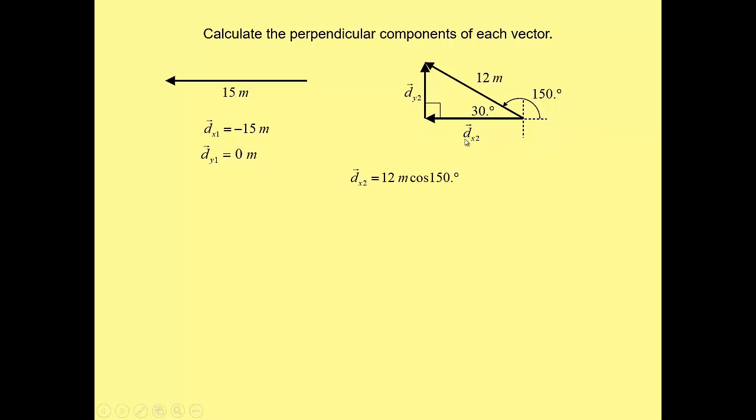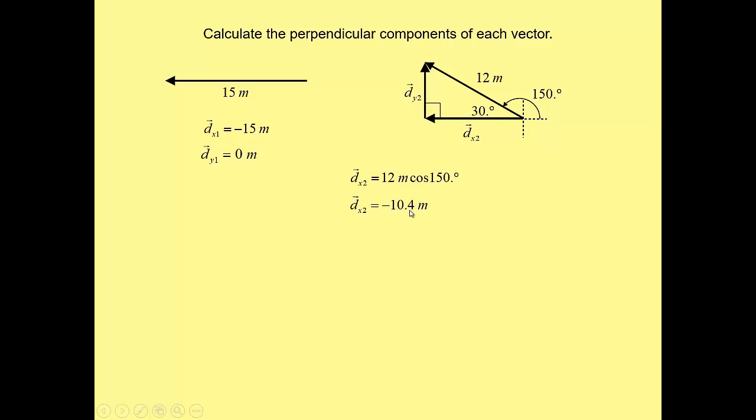So, to find the x component, we would do hypotenuse cosine of the angle. Again, you could use the 30 or the 150 in here. I use a cosine because it's the adjacent side to the angle. Cosine is adjacent over hypotenuse. If I plug that in, I get negative 10.4 meters. Negative, it's to the left, it's in the second quadrant. And you might note here that I kept an extra sig fig.